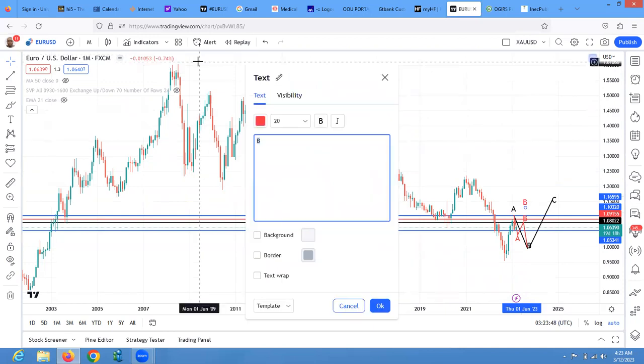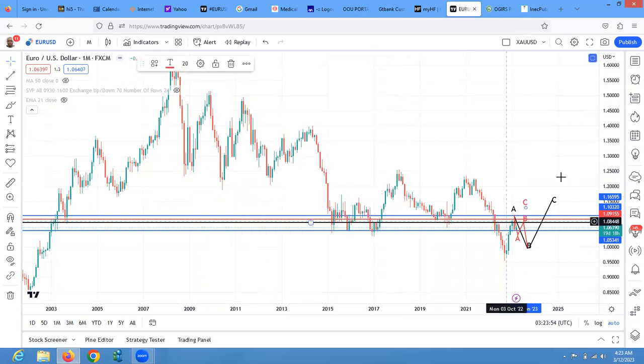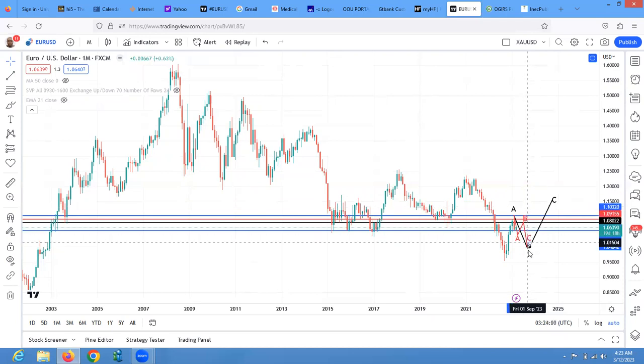And a C. And this will be more apparent on the weekly and the daily time frame. So that will be more apparent.